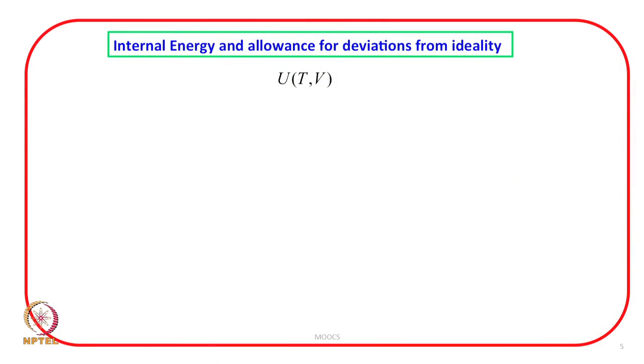Now, let us discuss more about allowances for deviations from ideality from the usually derived equations. First, let us take internal energy.